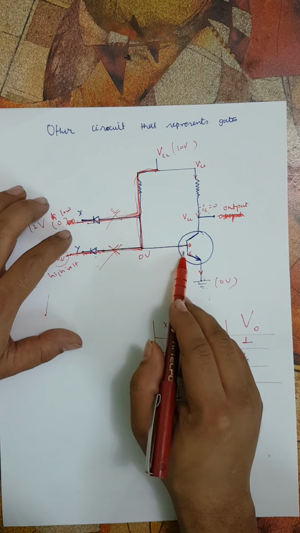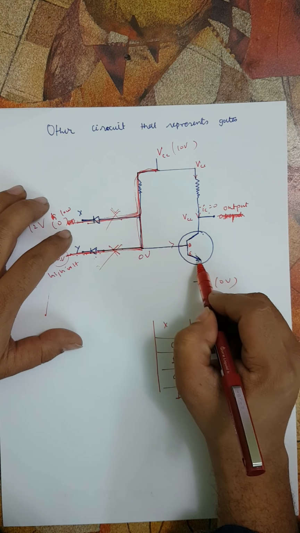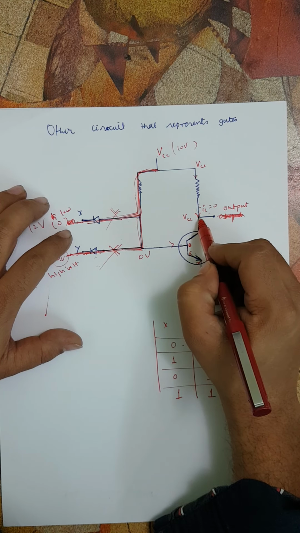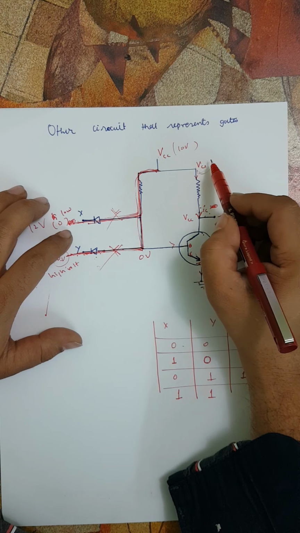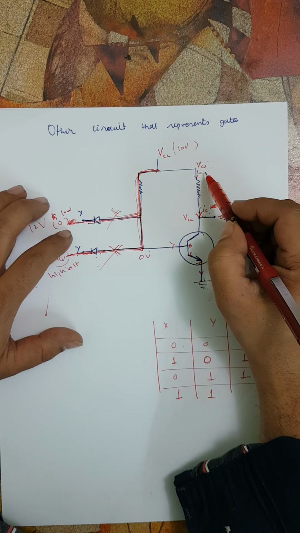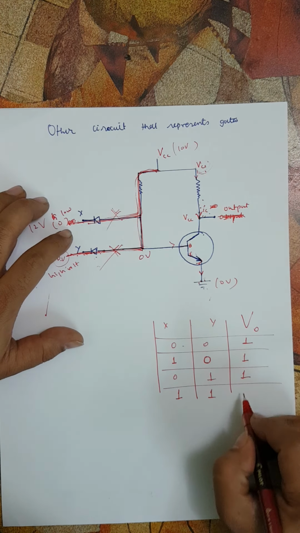So this becomes a forward biased PN junction. Because of this, there will be a good amount of emitter current and collector current also. When collector current flows, there is a potential drop. So when we start with high potential, we get a drop in potential, and it becomes low potential, and we will get a low output.